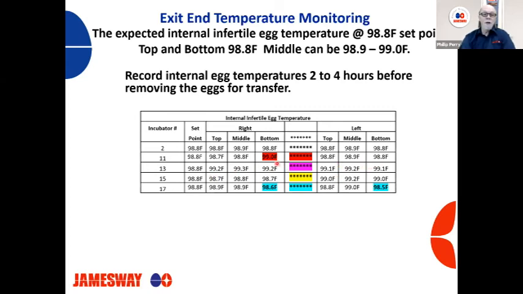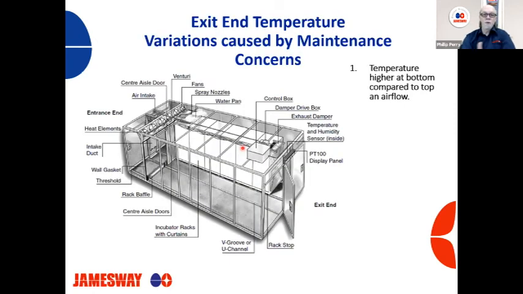Machine 13 is running warmer than the set point, 15 has a right and left variation, and in 17 we have some variation, but a cooler temperature in the bottom. So these are the things that we look for in regard to temperature.